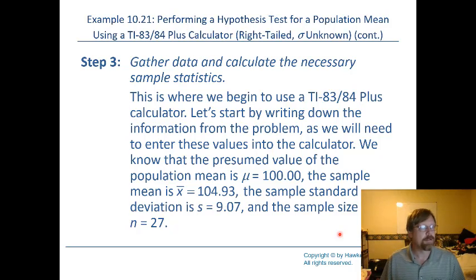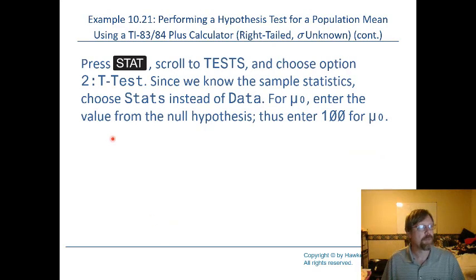Alright, so let's get all our things collected. The null mean is 100. The sample mean is 104.93, so the 100 is our presumed population mean. Standard deviation is 9.07. Sample size is 27. Stat, scroll menu, choose t-test, choose stats instead of data.